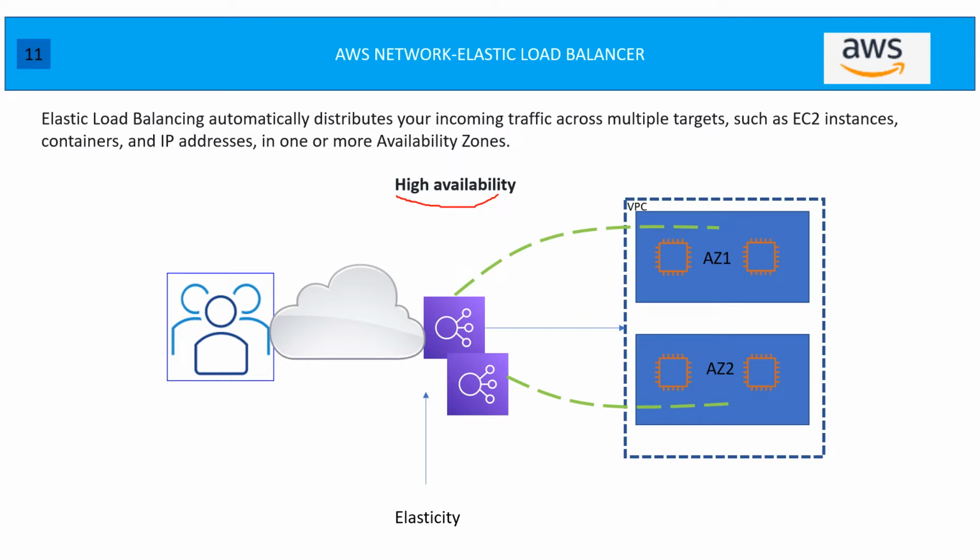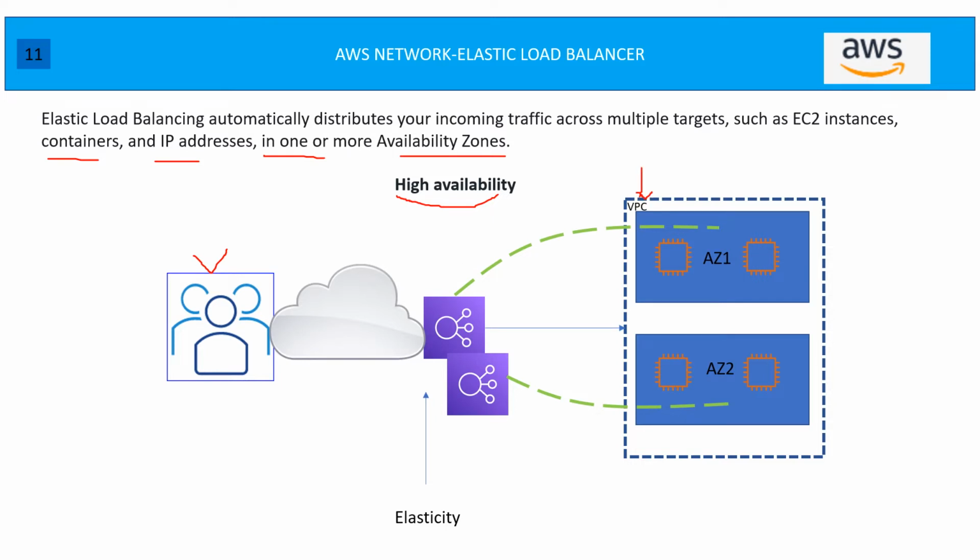Elastic load balancing automatically distributes your incoming traffic across multiple targets, such as EC2 instances. It can be containers, it can be IP addresses, in one or more availability zones. So these are my users, and I assume they all are on the internet. And the moment you create a load balancer, it is going to have the backend also, and those backend servers will be part of your VPC.